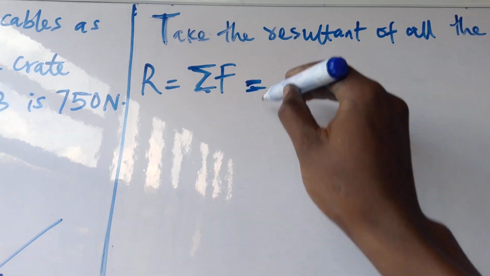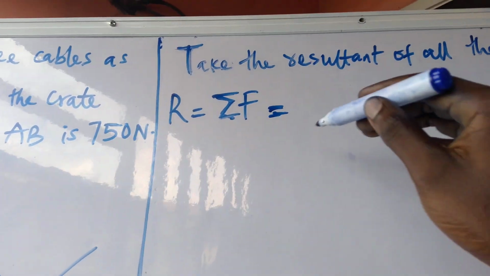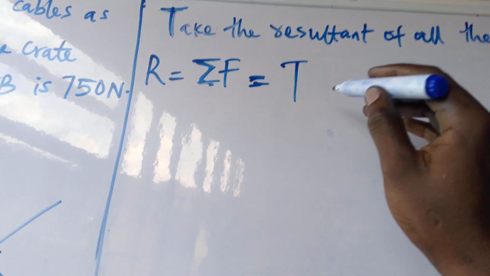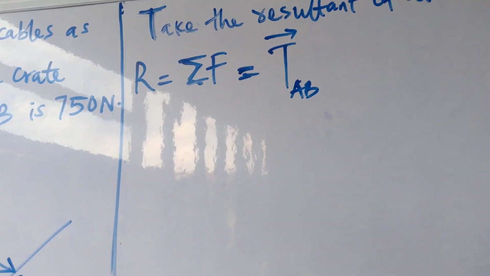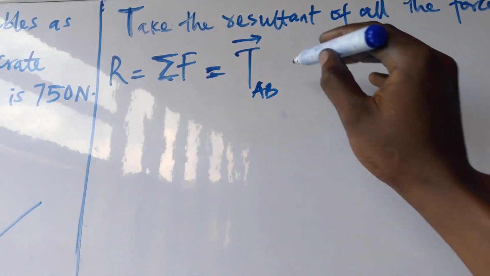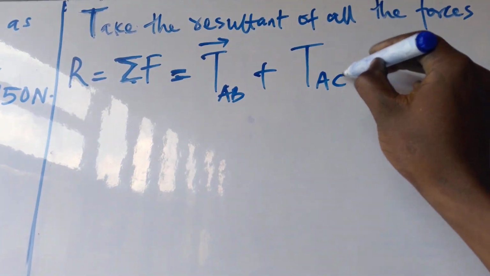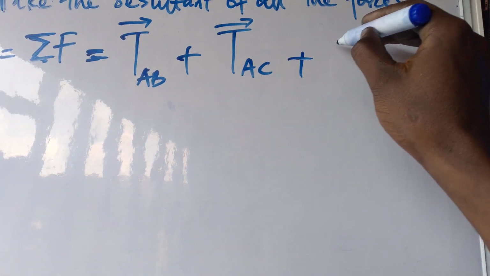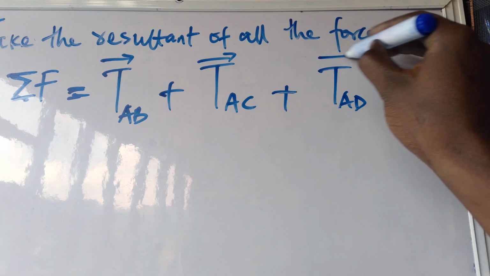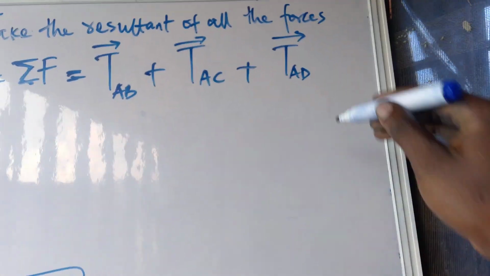which is equal to, first, tension along AB, plus tension along AC, plus tension along AD, then plus the weight.